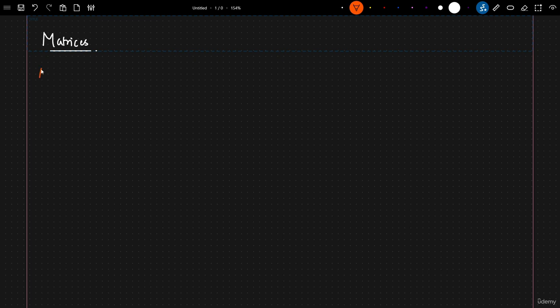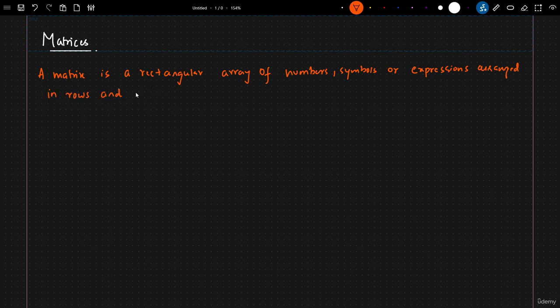So a matrix is a rectangular array of numbers, symbols or expressions arranged in rows and columns, okay, in rows and columns.